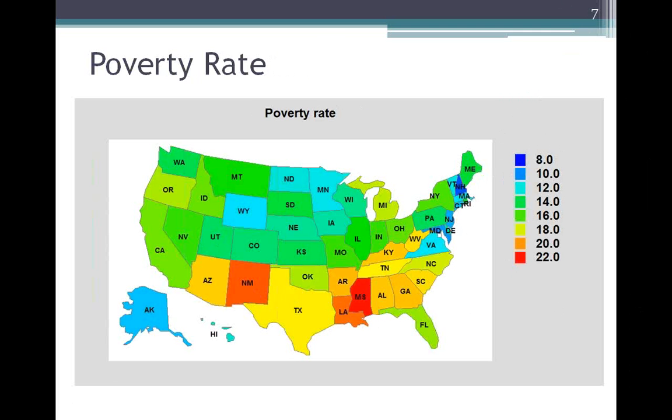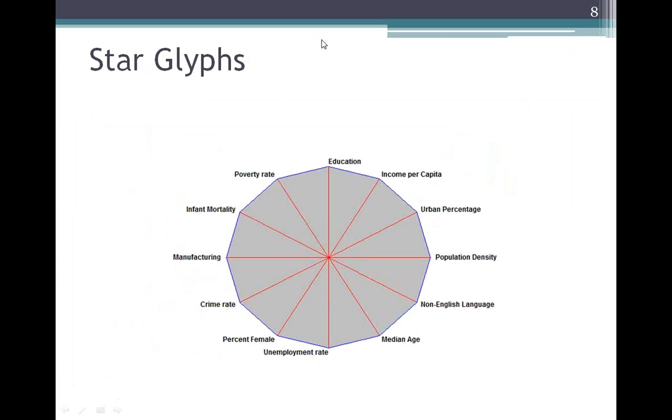Now, as always, before I look at any statistical methods, I want to create some graphs. The graphs I just showed you looked at the variables one at a time. What I'd like to do now, though, is show you a graph where we can look at all 12 variables at a time. The procedure in Statgraphics that's quite useful for doing that is called the star glyph.